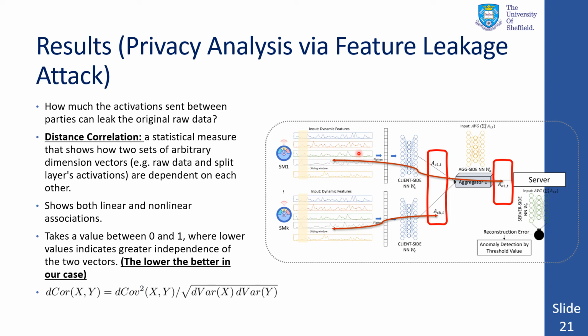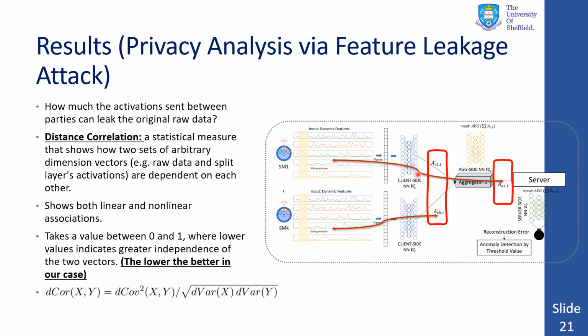So we tried to measure a metric called distance correlation. Distance correlation is a statistical measure that shows both linear and non-linear association, and it shows how two sets of arbitrary dimensional vectors are dependent on each other.